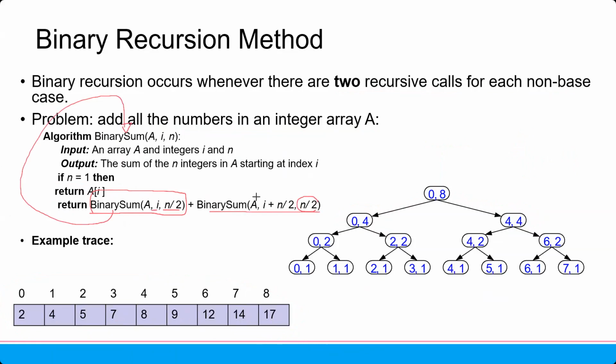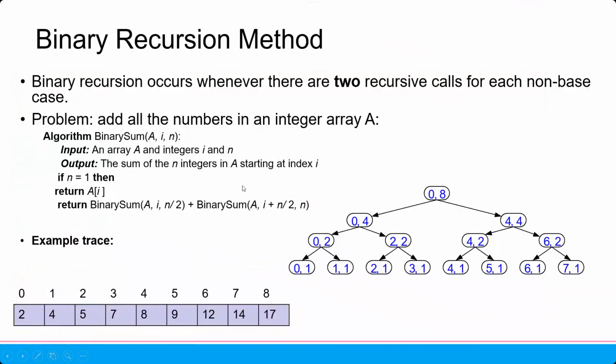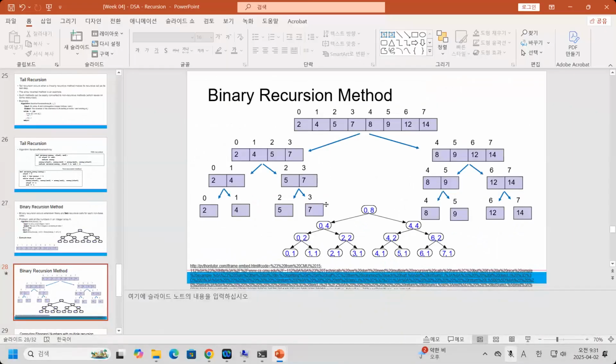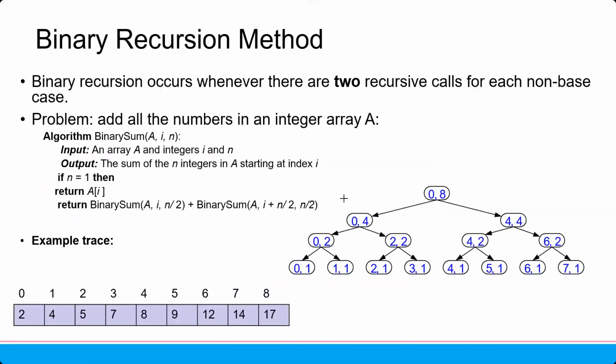The other binary sum is A from i plus n divided by 2 until n. Sorry, this is not n divided, so it is n. Oh, sorry, this is the same, still n divided by 2, because I want to check the number of data. Because I have 8 data, I want to start from index 0 until 8 divided by 2, which is 4.